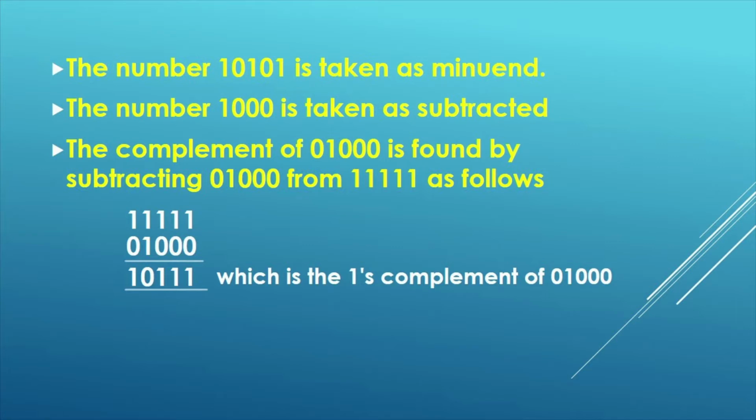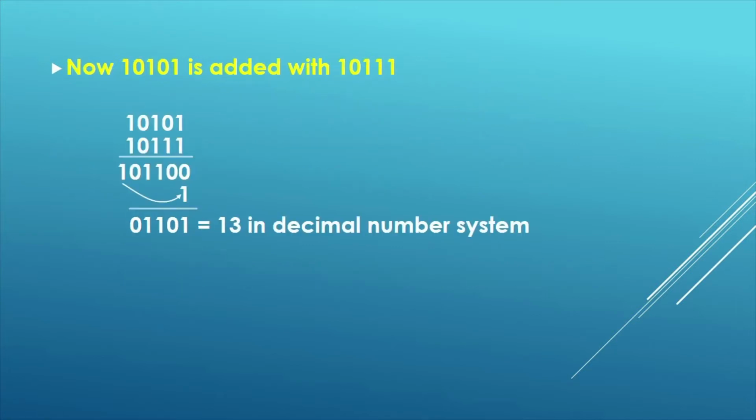When we add, you can see the leftmost bit is the carry, which is a 1. That 1 is added with the remaining numbers, and we get the result 01101, which is nothing but 13 in the decimal number system. So this is how we subtract the two binary numbers using the 1's complement method.